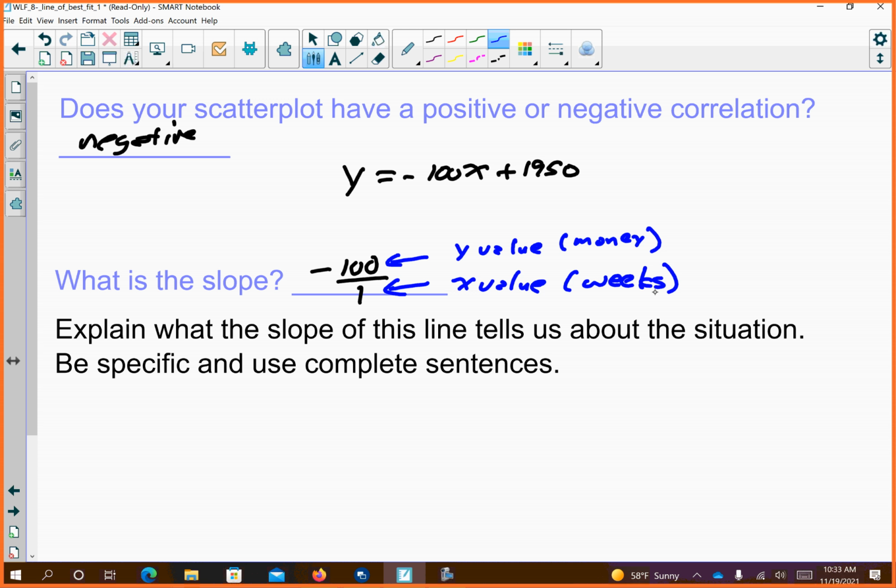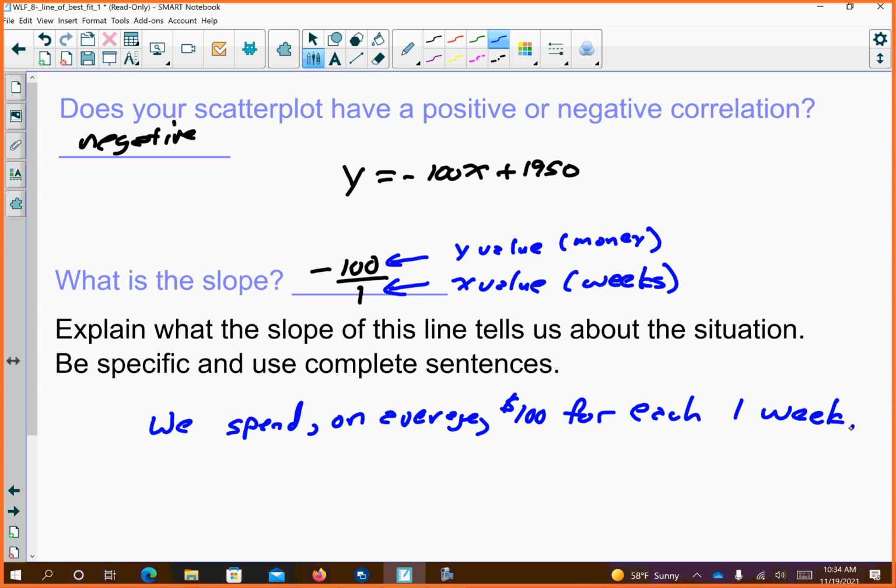All right. Explain what the slope means in the context of this problem. We spend, and I'm going to put a word in there, on average, $100 for each 1 week.